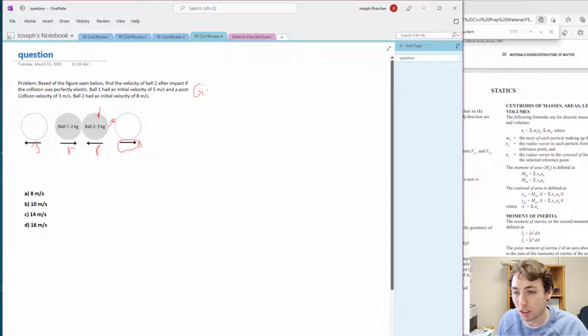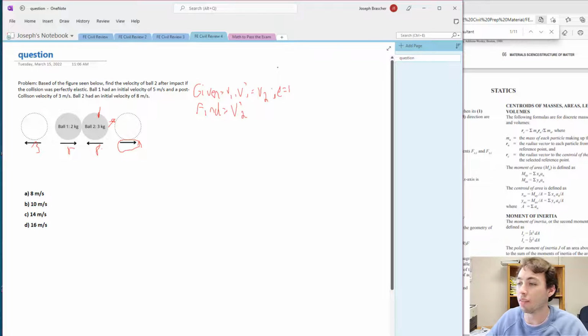So given V1 post, which is usually indicated by V prime, V2, and then what we're actually trying to find here is the velocity of ball 2 after the collision. And we're also given E equals 1, and I will explain what that means here.